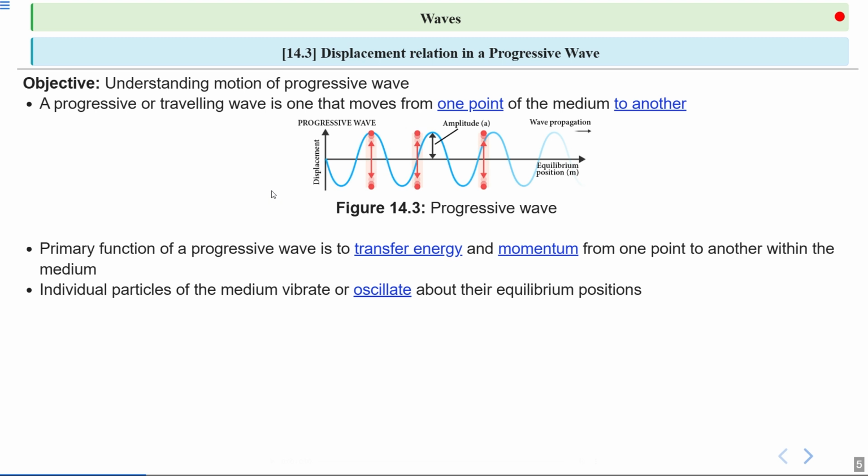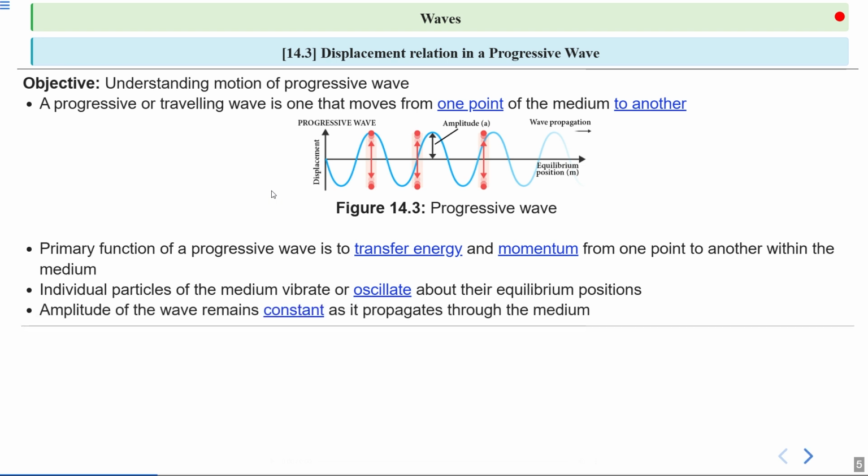It's important to realize that the individual particles of the medium don't travel with the wave. Instead, they vibrate or oscillate back and forth around their original position. Or we can say, individual particles of the medium vibrate or oscillate about their equilibrium positions. Amplitude of the wave remains constant as it propagates through the medium.